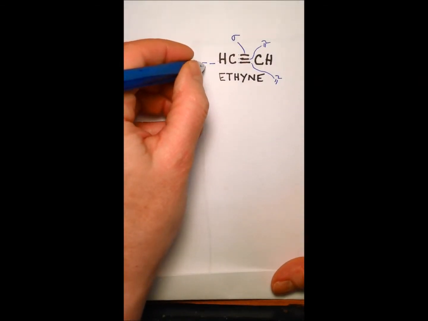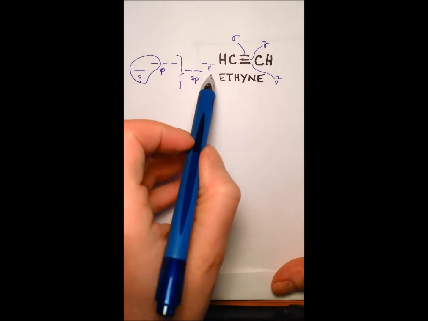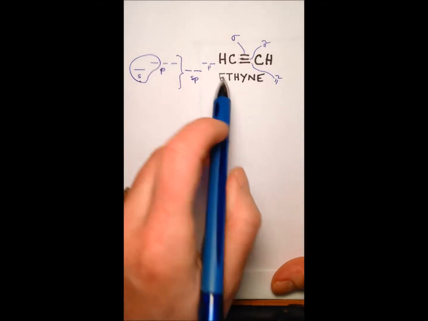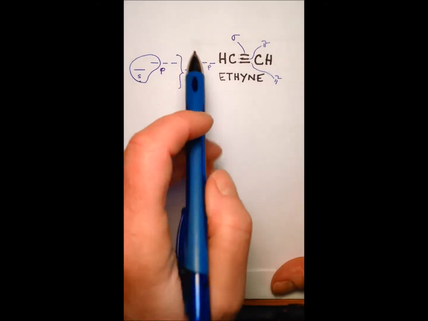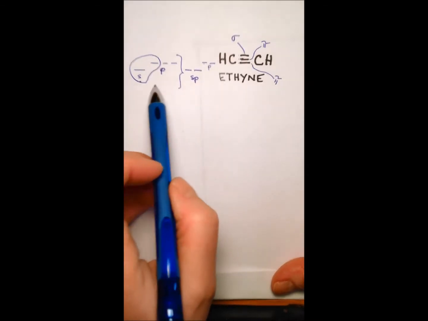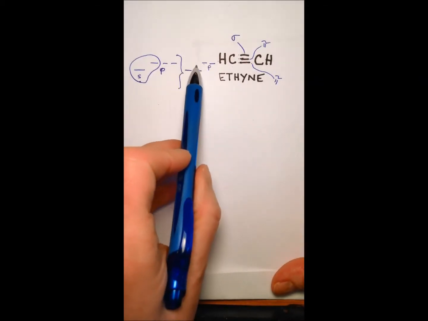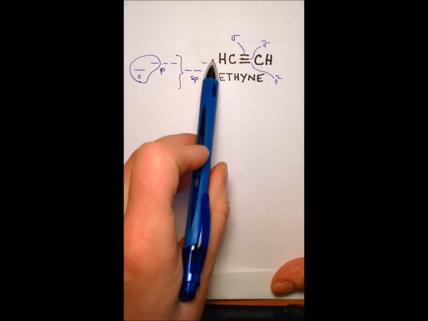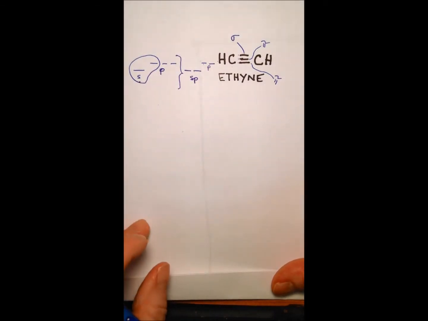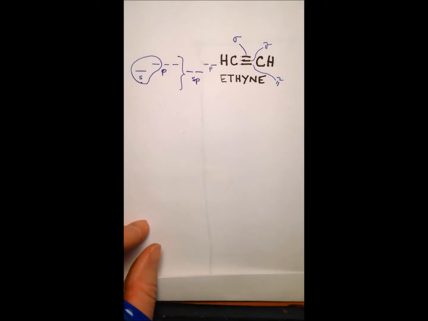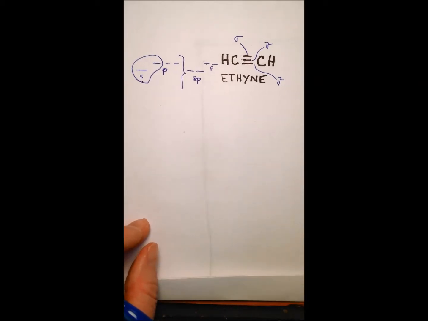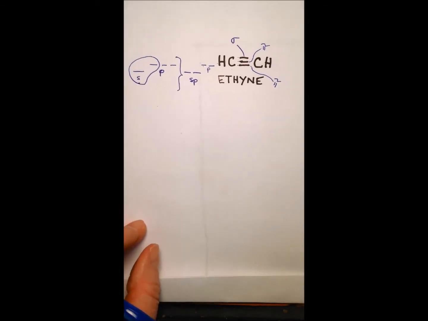So I have the py and the pz left over. So right away, I know that when my carbon atom hybridizes in this fashion, each carbon can make 2 sigmas and potentially 2 pi's. So you see just from the hybridization state what these atoms are capable of in terms of bonding.